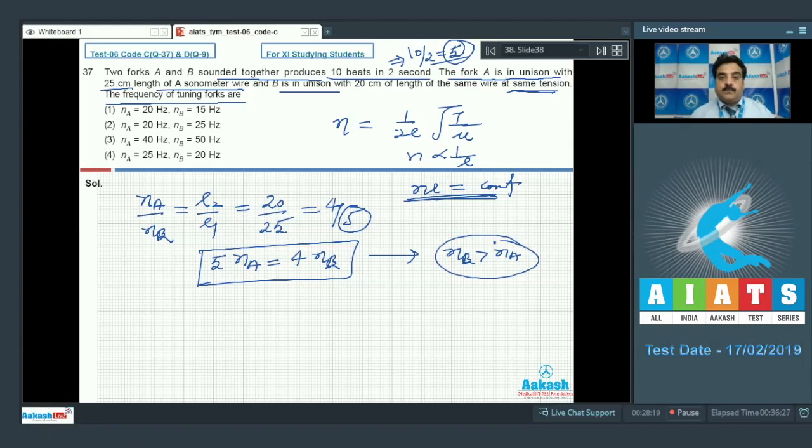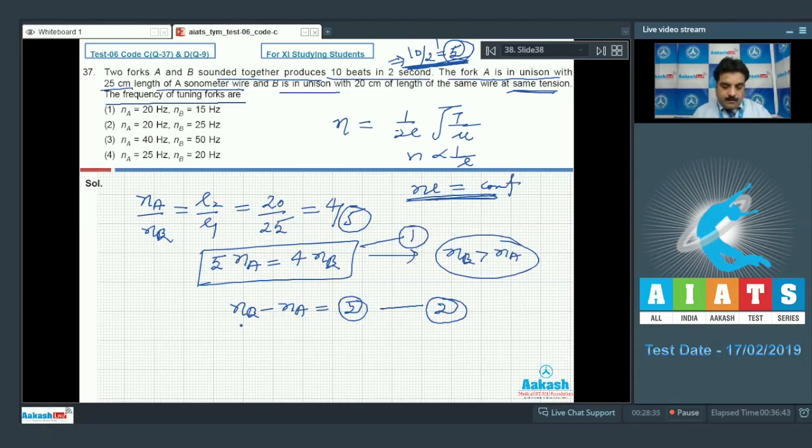So now I am going to use the formula of beat frequency. We'll write Nb minus Na, that is 5, as I discussed here. So this is your equation number 2 and this is your equation number 1.